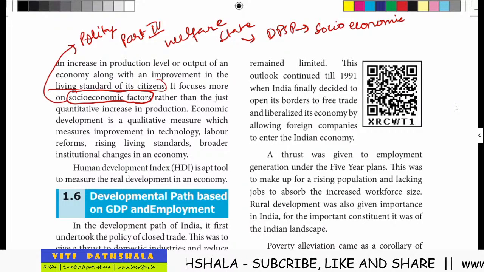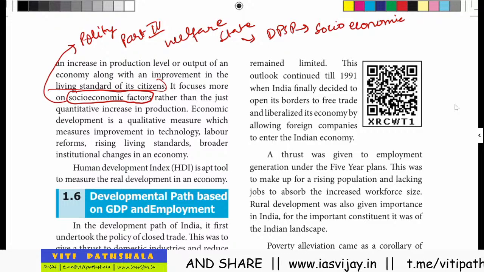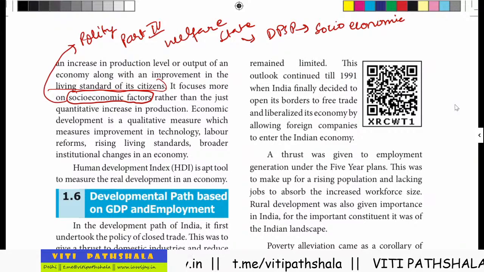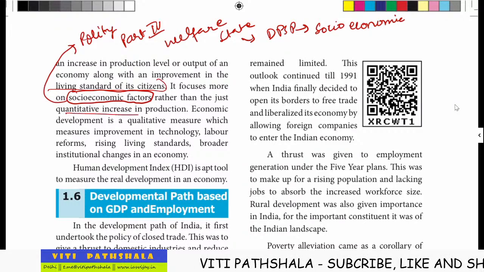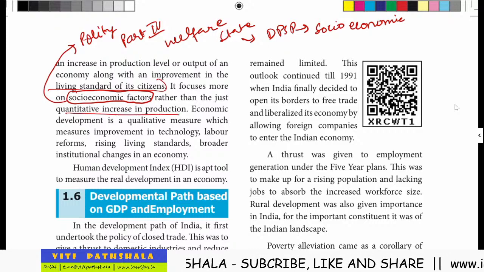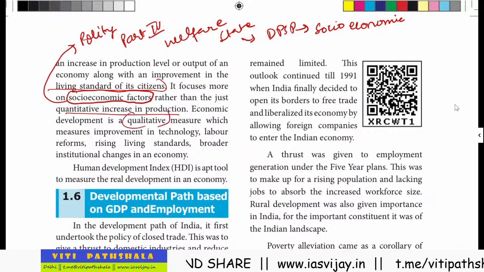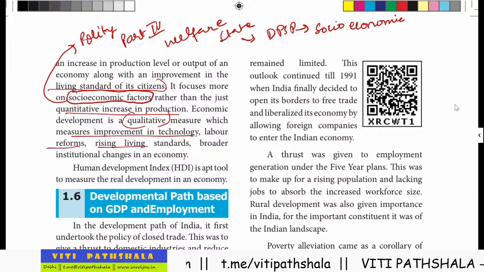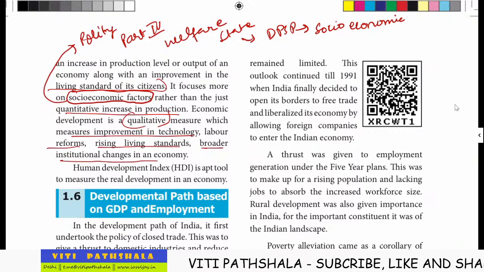And if a question comes in the GS mains about the economic development, do mention these things of the polity also. Now, rather than just a quantitative increase in the production, economic development is a qualitative measure which measures the improvement in technology, labor reforms, rising living standards, and the broader institutional changes in an economy.